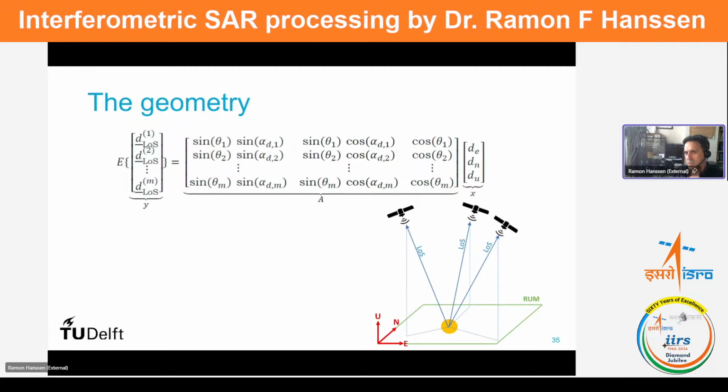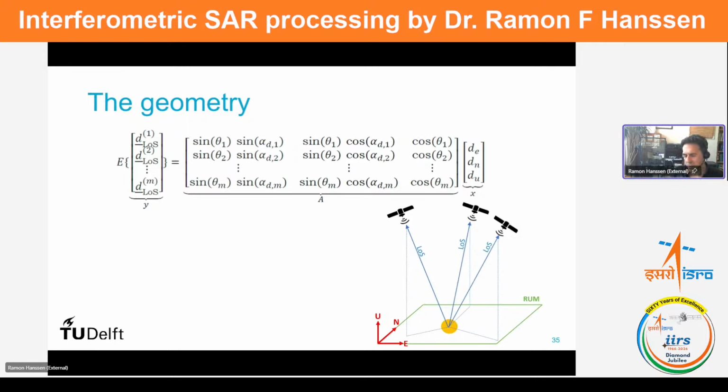Now, this is not so easy because what you see here in green, RUM, this is our abbreviation for a region of uniform motion. So basically, when we look at the Earth, we would like to ensure that scatterers from descending and ascending and different viewing geometries are actually from the same area that we can assume to move as a whole.